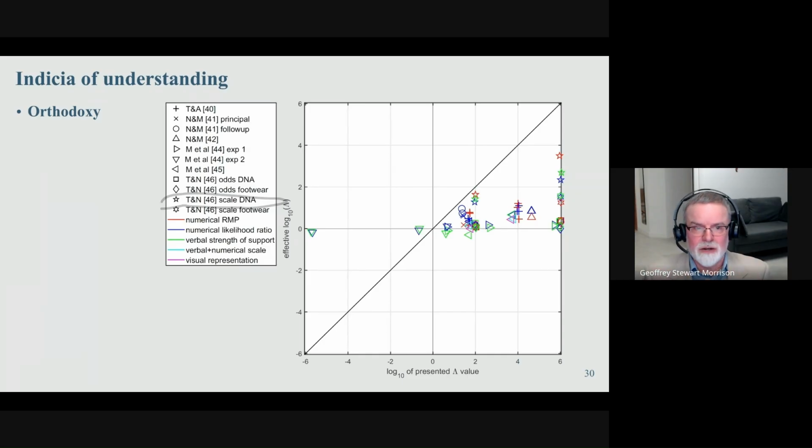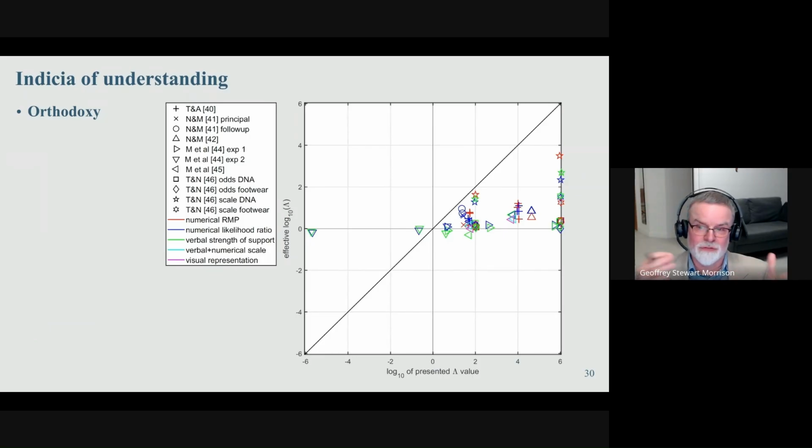The interesting thing to see here is that the 6-pointed stars also elicited the responses using the multi-level scale. But the participants were told that this isn't DNA evidence, they were told it was footwear evidence. And so the 6-pointed stars are down there. So the same likelihood ratio values were presented, either verbal, or likelihood ratios, or random match probabilities, the same values presented. When participants are told that it's DNA, they pick more extreme values on the scale.